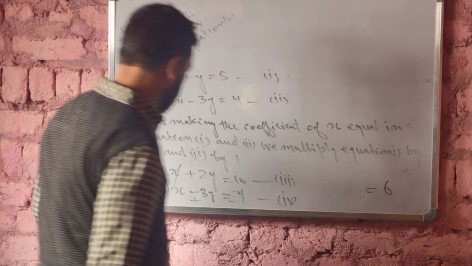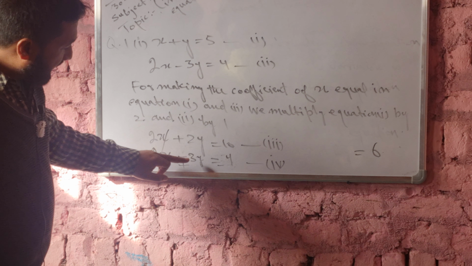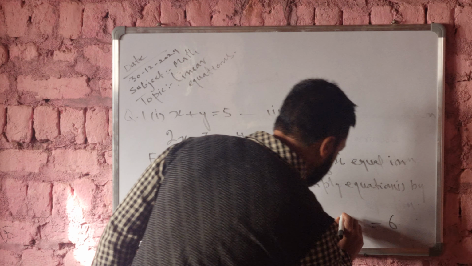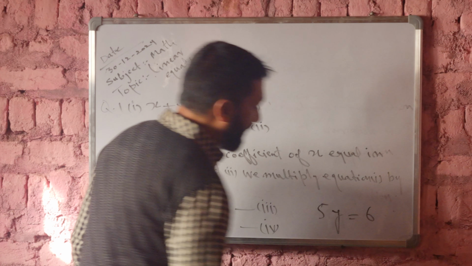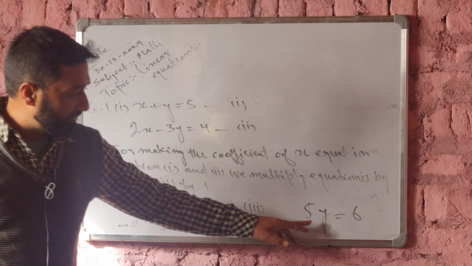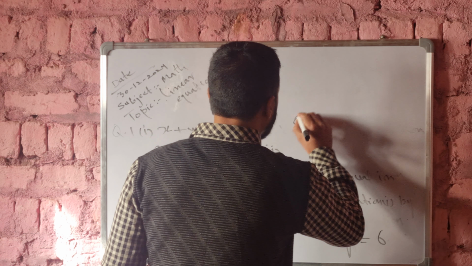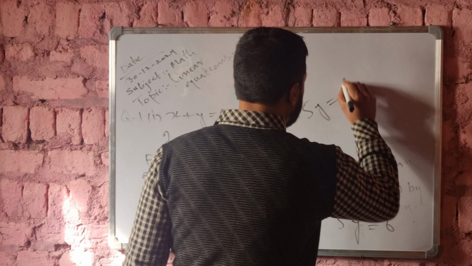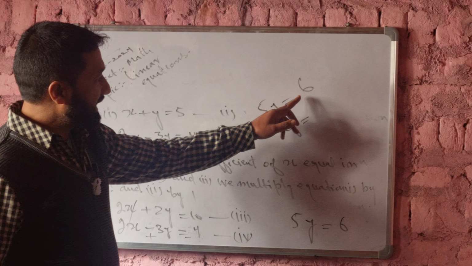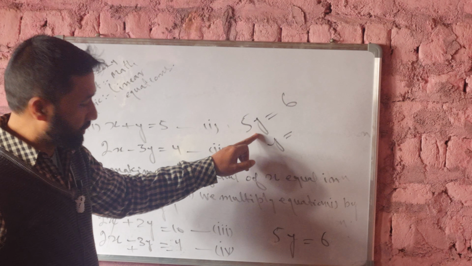When you add 2y and 3y, it becomes 5y. So 5y = 6. We have to find the value of y. So here it is 5y = 6, y = 6/5. 5 is the coefficient of y.